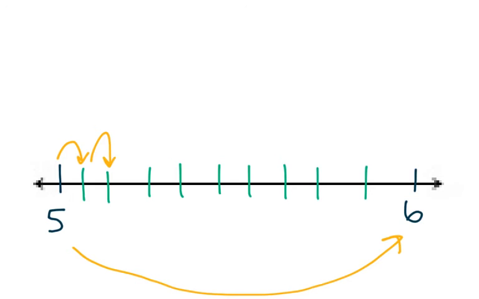If it's split into 10 equal pieces, so if my jump is 1 whole or 1 flat, then I need to take 1/10 at a time and add it to my 5 because it's split into 10 pieces. So 1/10 more than 5 wholes.